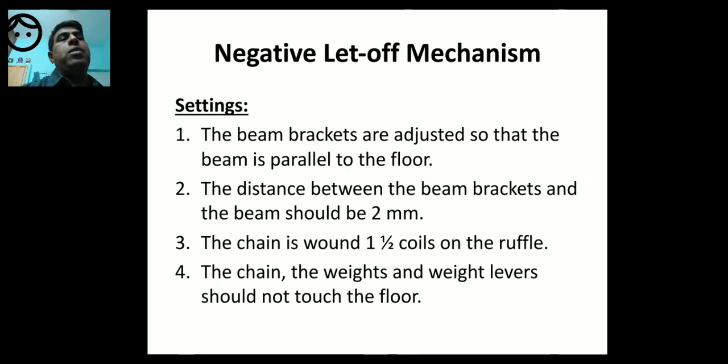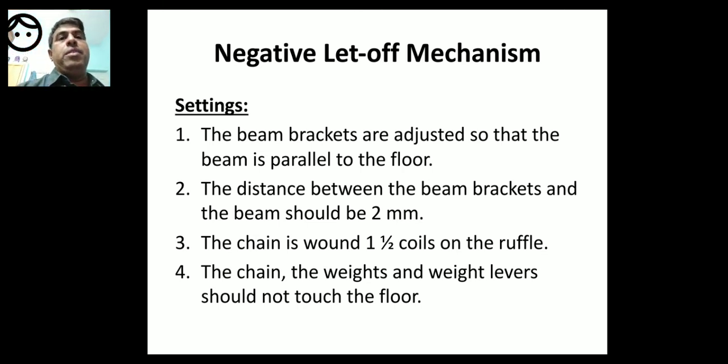Third point, the chain is wound 1.5 coils on the ruffle. This is already told. It is wound around 1.5 to 2 turns around the ruffle. Next, fourth point.